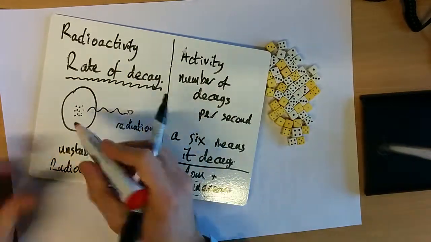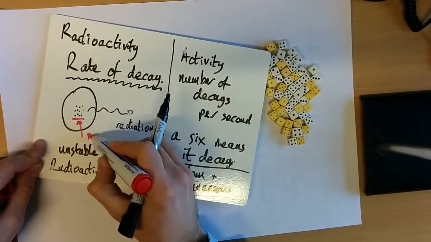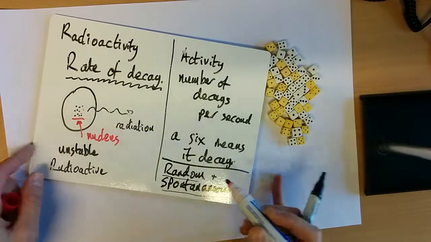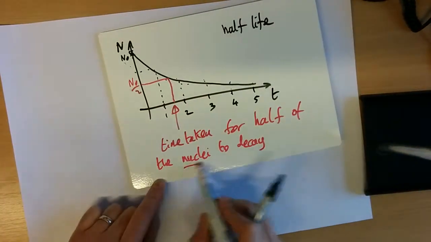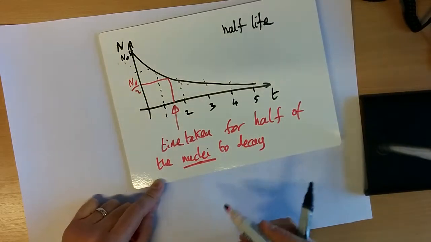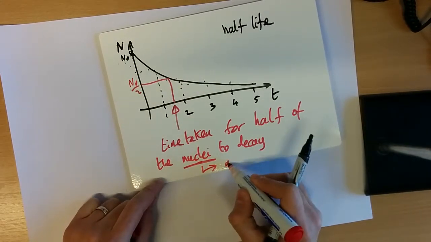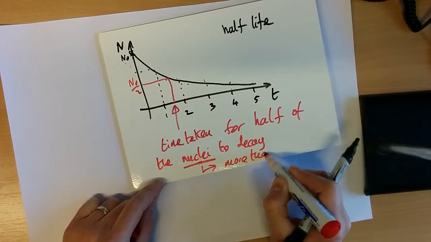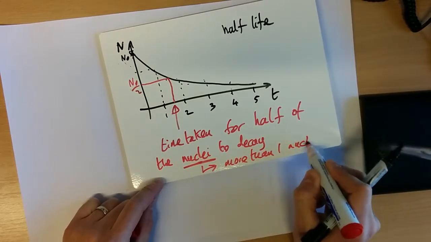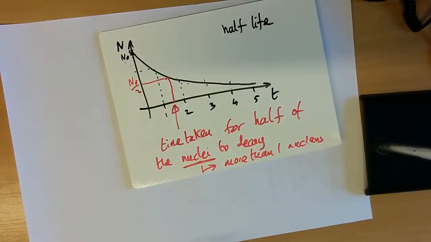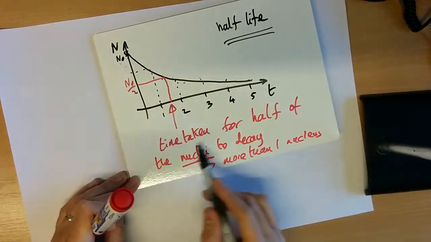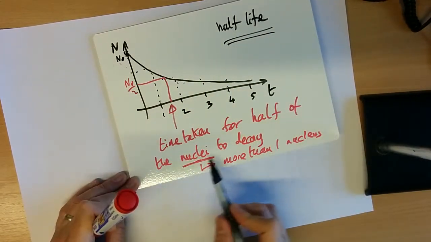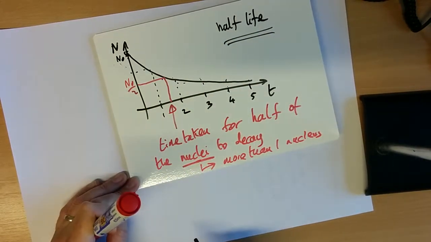Remember I said that it's from the nucleus of the atom. So the nuclei, that is more than one nucleus. The half-life is the time taken for half of the nuclei to decay.